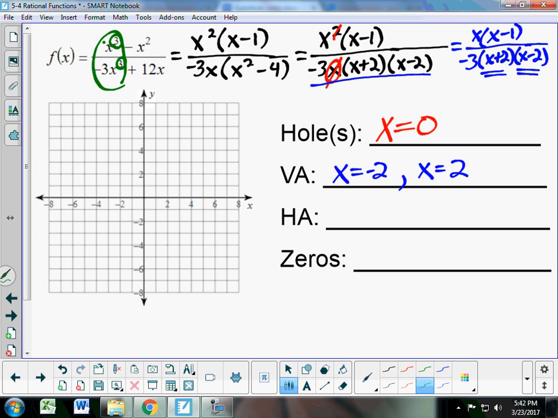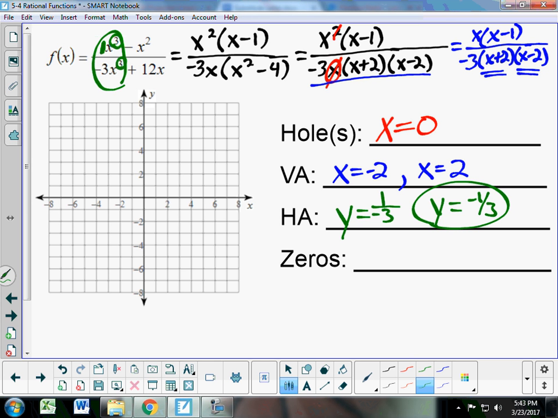So since we do that, then we look at the 1 and the negative 3, and that's going to be our horizontal asymptote. So y is equal to 1 over negative 3, or that's just y equals negative 1/3. I don't know if you want to rewrite that so it looks a little nicer. Okay? So that's a weird horizontal asymptote. It's just down a third, but it works.